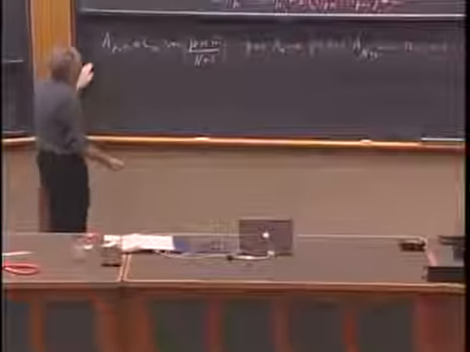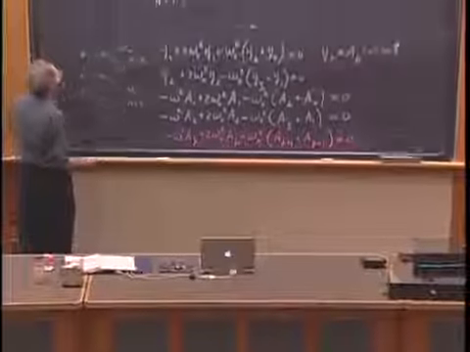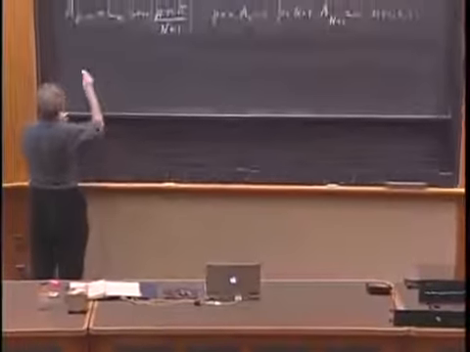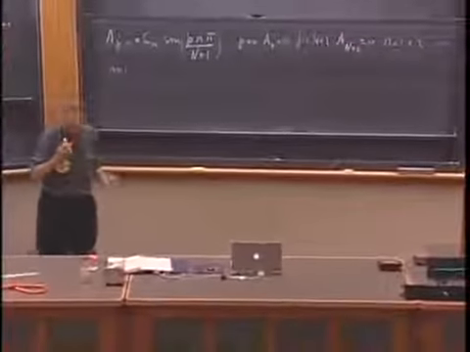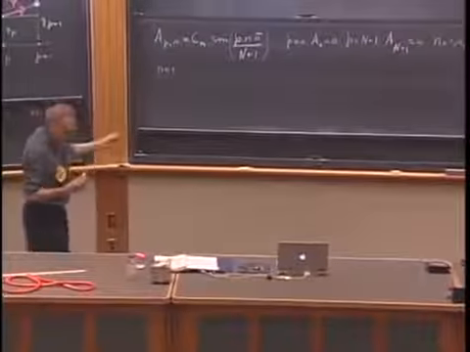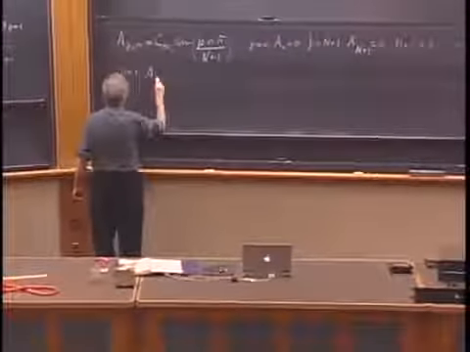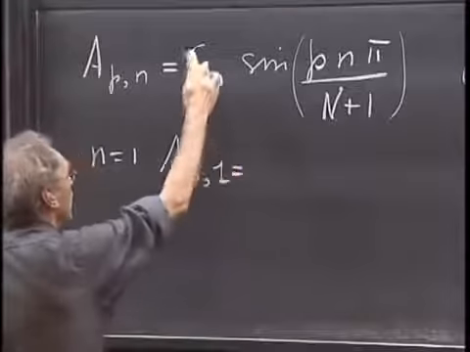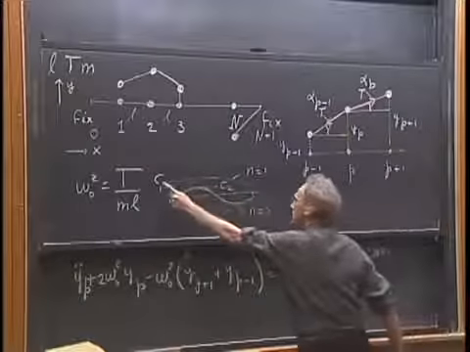For instance, let's take n equals 1. So we have particles, and they are all in mode 1. So then we get that A(p) in mode 1 would have a C1, which is the amplitude of that sinusoid.